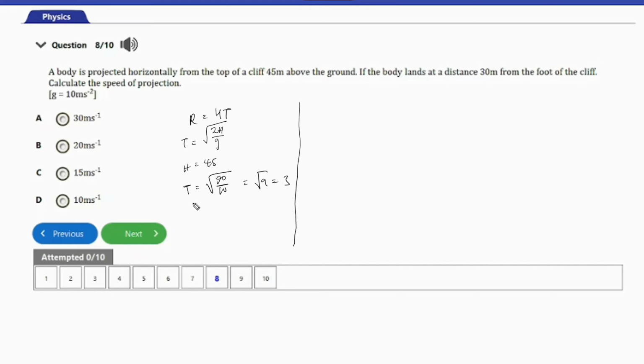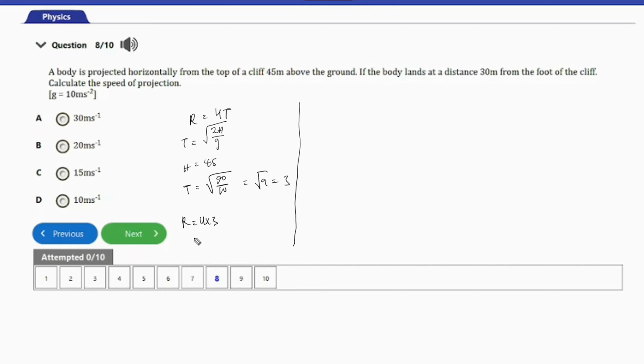So if t is 3, then ut is initial velocity times time. Here we have the range already given to us, so we are just going to find the initial velocity, that's the speed of the projection.